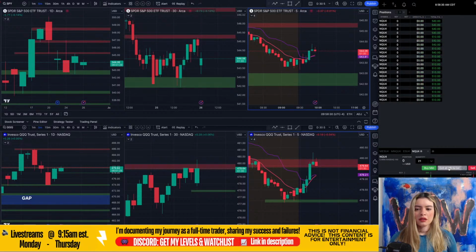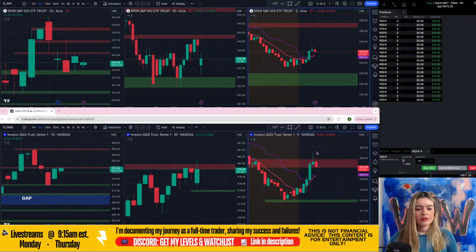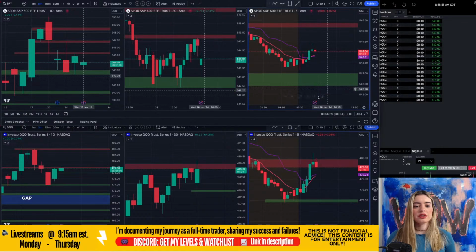Okay, I'm out. With news coming up, I'm out. I still like this reaction. I love this candlestick. We got news in like a minute and a half. This is a perfect reaction candle. Same thing here on SPY.